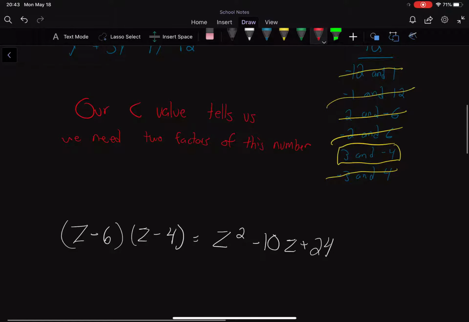And our B value tells us which factors of C add up to B.